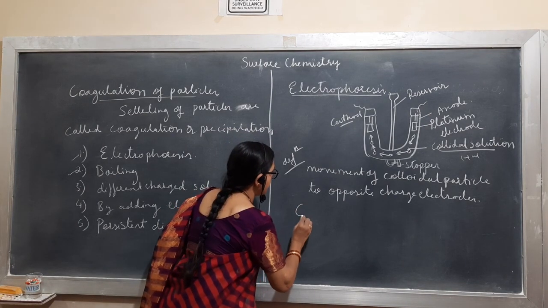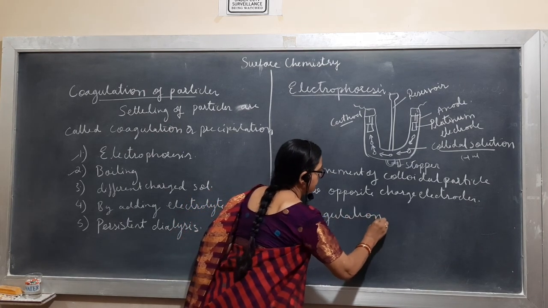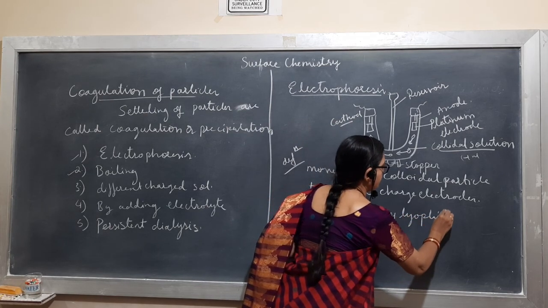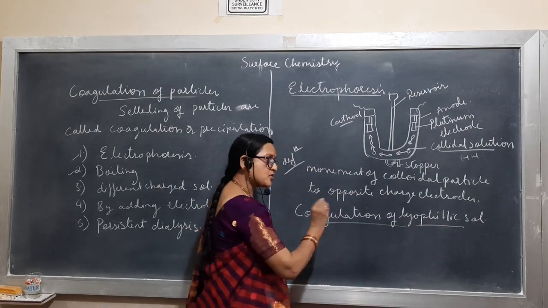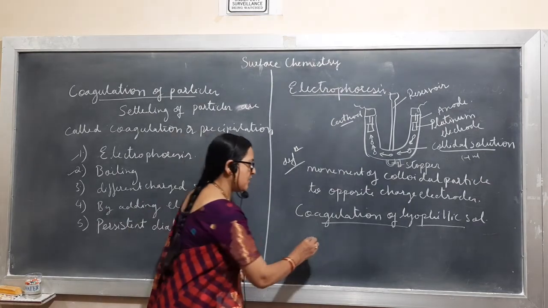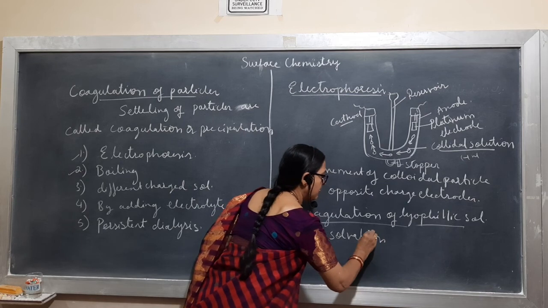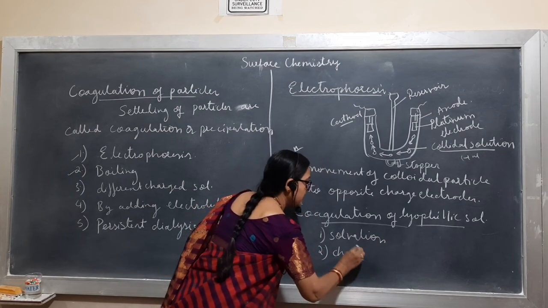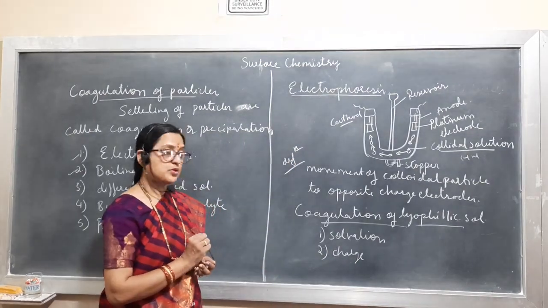Coagulation of lyophilic sols. Lyophilic sols are very stable. This stability is due to two reasons: one is solvation and the other is charge. If these two are removed, then coagulation occurs. How to remove these two?